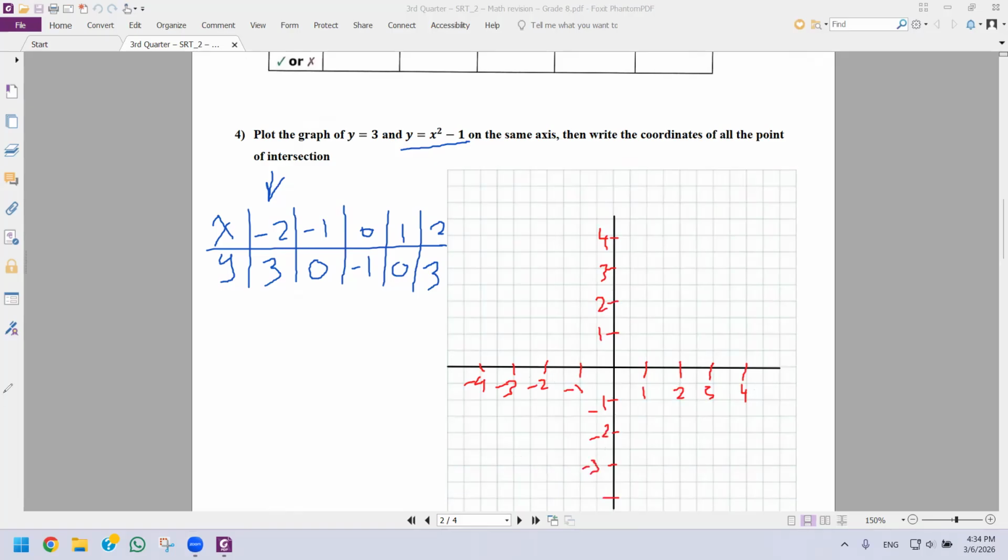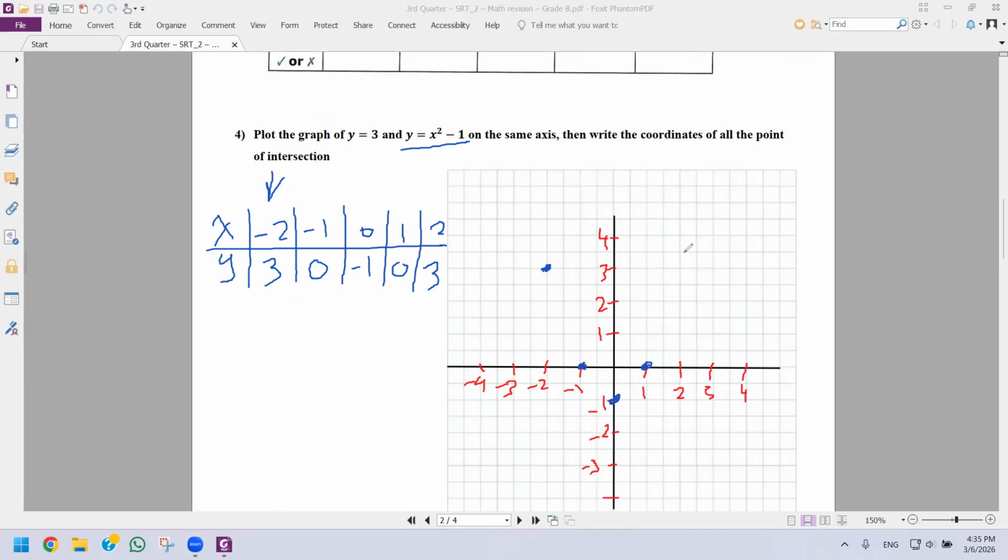It's enough like this. Now let's put the points. The first point is (minus 2, 3). X minus 2, y is 3. Then x minus 1, y 0, it's here. Next one, x 0, y minus 1. Next, x 1, y 0.